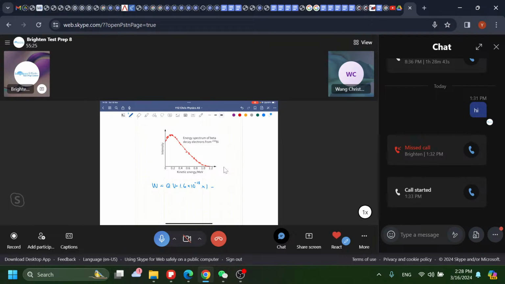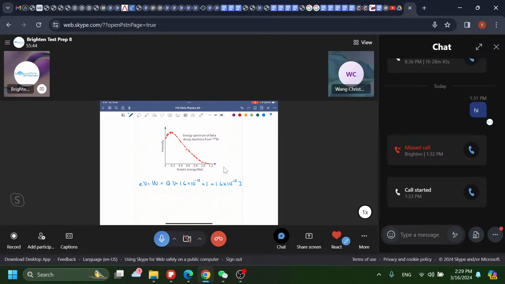And then, surprise, surprise, we get 1.6 times 10 to the power of minus 19. And because we get energy, this is in joules, and this is what we call the so-called electron volt.